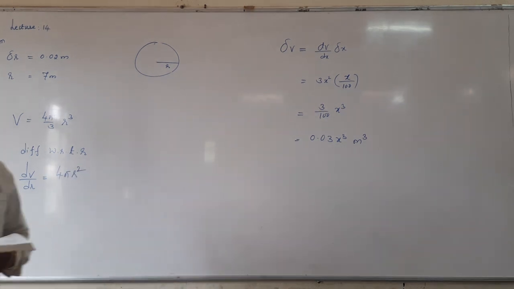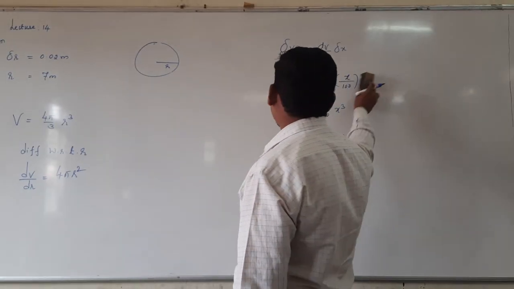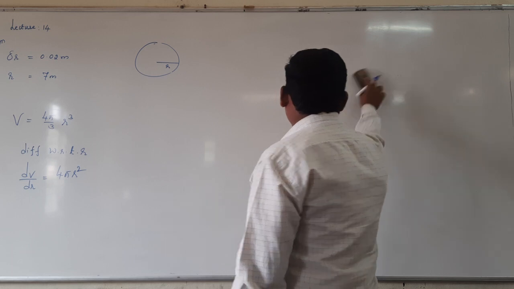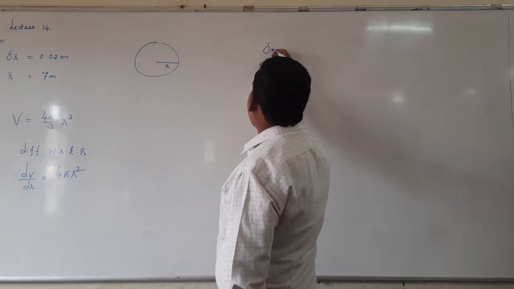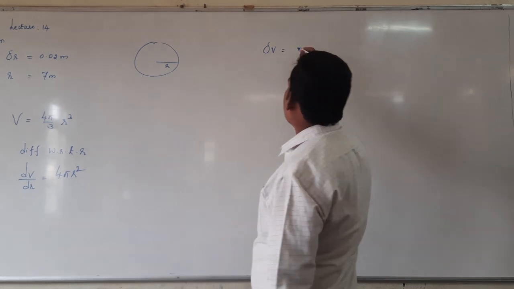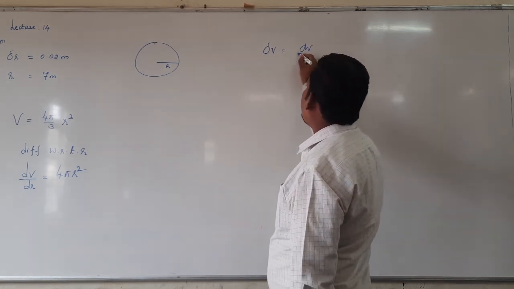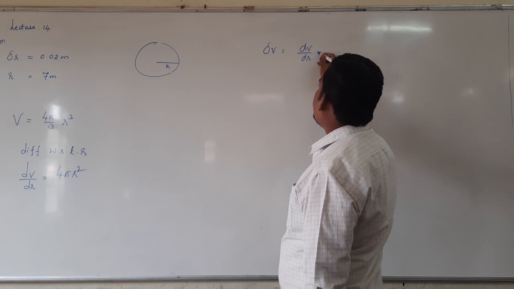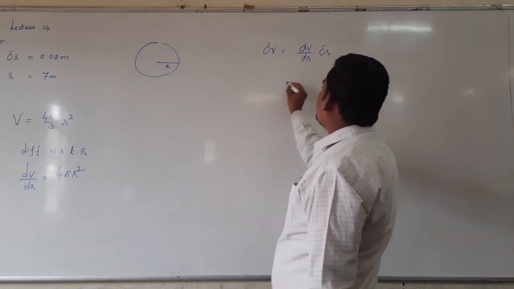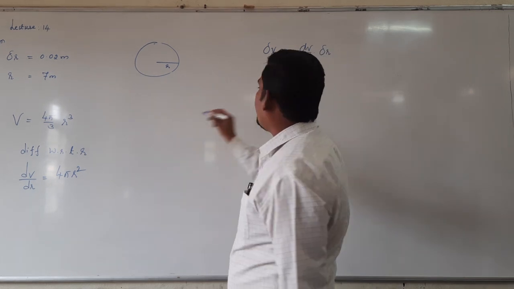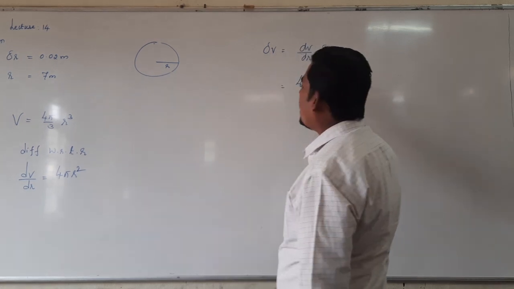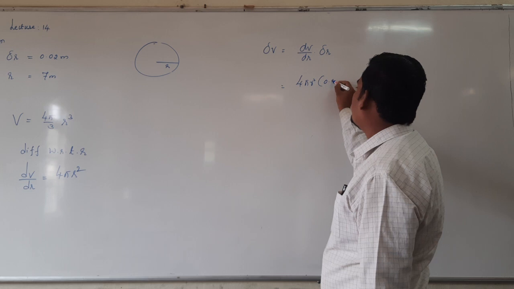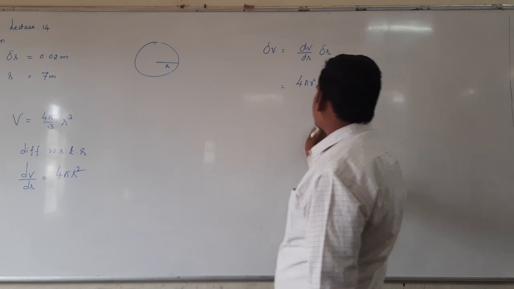Now our requirement is to find the approximate error in calculating its volume. delta V is equal to dV divided by dr into delta r. That's equal to 4 pi r square into delta r value 0.02.